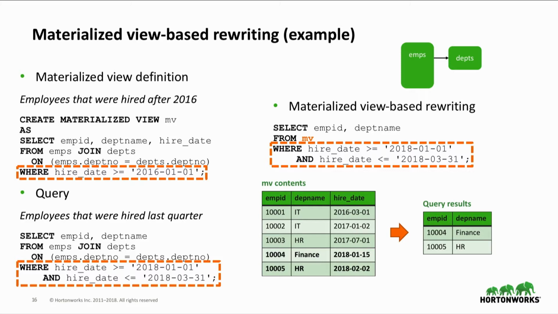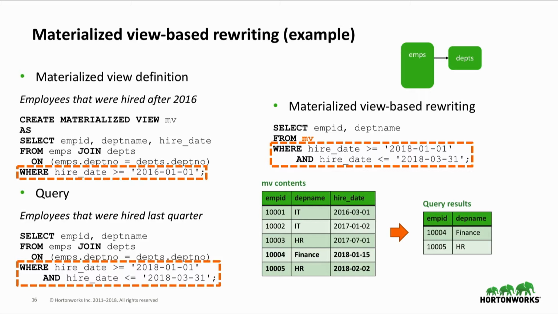So in the materialized view rewriting, what you can see is that we can basically check containment of the predicates. The optimizer will realize that the contents of the query are contained within the view, or the predicate that we are asking for, and it will add this on top of it.